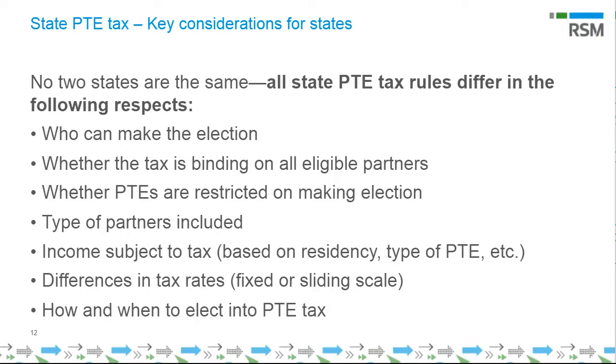Also, there really has to be a thorough examination of what happens at the partner level after an election is made. Notably, in California, as Patrick previously mentioned, the pass-through entity level credit, which in most states is either fully refundable or fully creditable, is not the case for California.